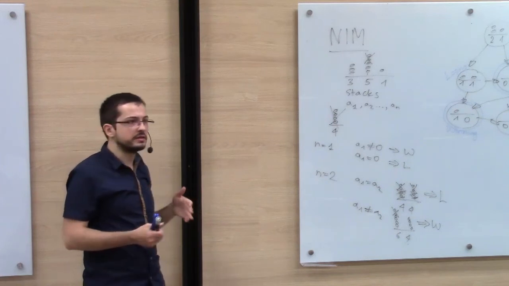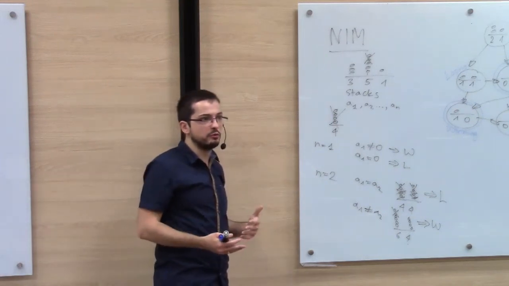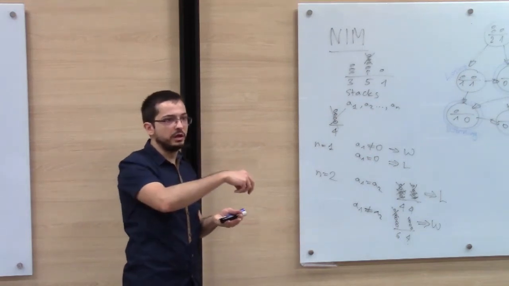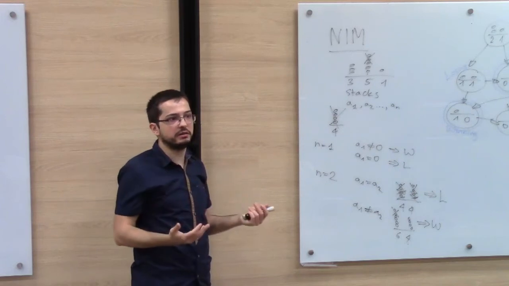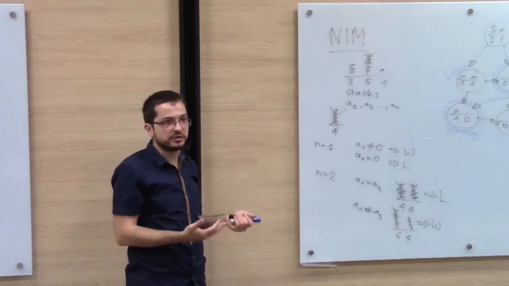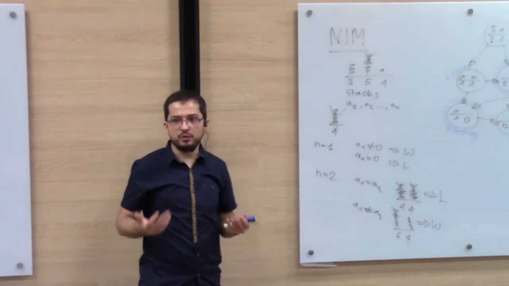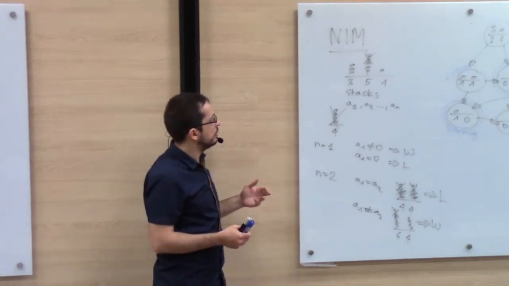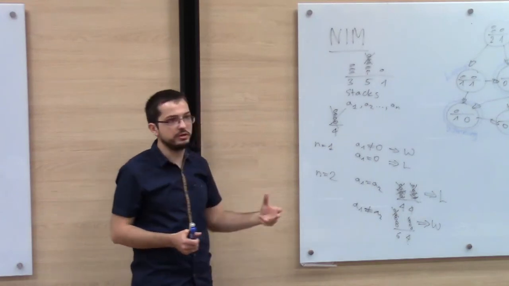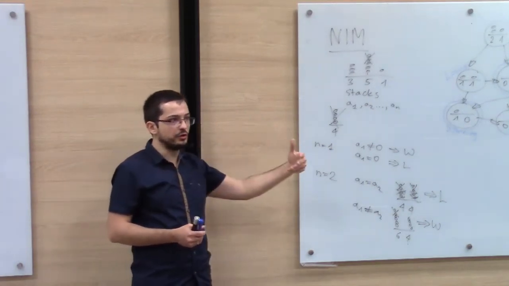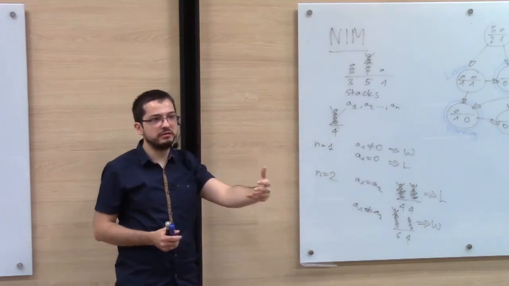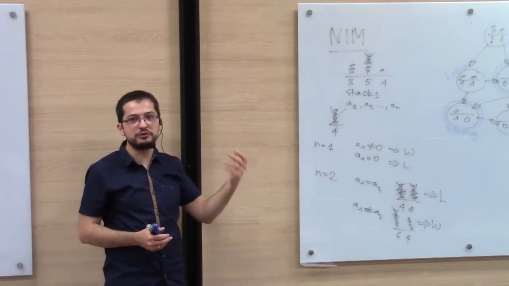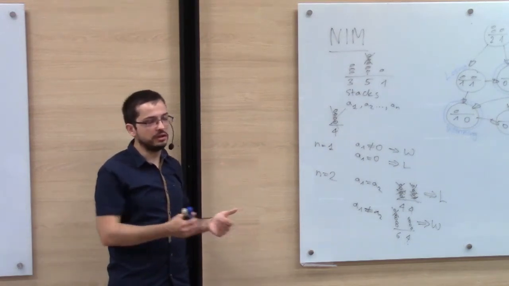So this player can say, okay, I have a losing strategy with the old moves of removing, so maybe with the new moves of introducing new coins on the stacks, I can find a way to get a winning strategy. But the answer is no, because if the player with the losing strategy adds some more coins to the stack, the second player just removes these coins, and it will return to the original state.